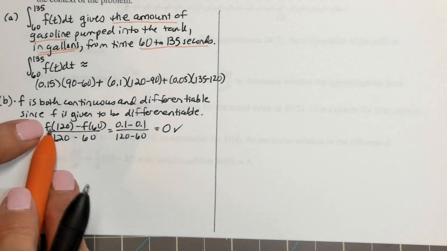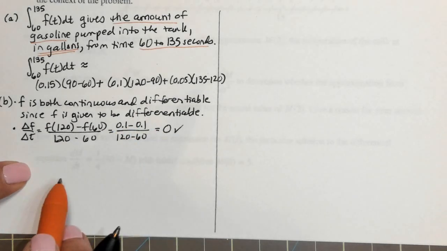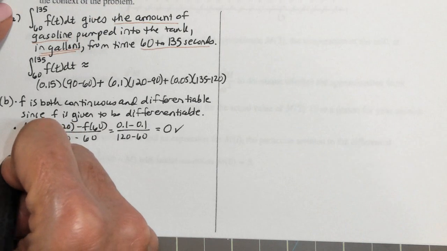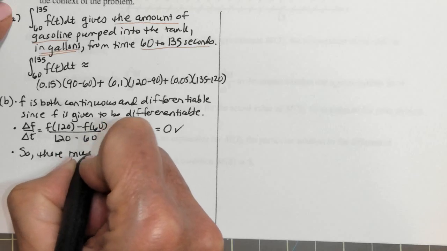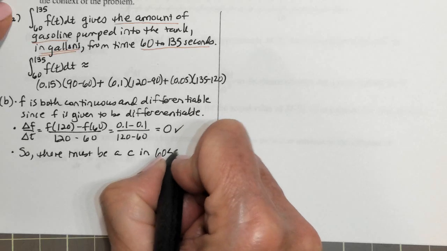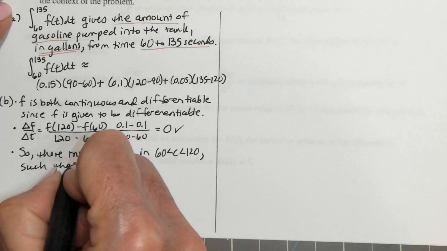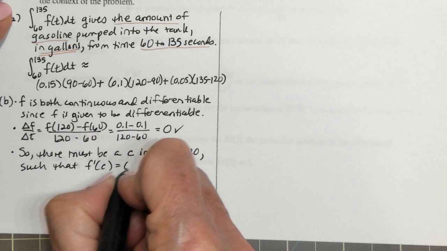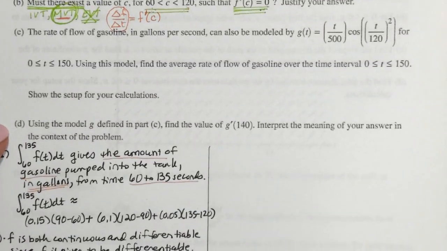You must write this notation, and then say this, and then say 0. So, there must be a C in between 60 and 120 such that f prime of C is 0. We used MVT, but we don't have to say that we used MVT. We just did it.